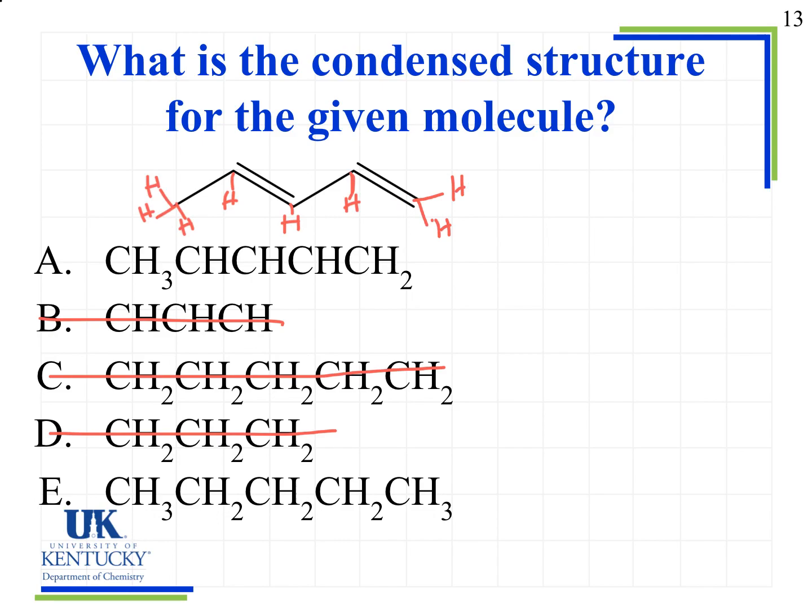My answer choice A does have 1 hydrogen attached. E has 2 hydrogens attached, so that makes this one wrong. We're going to go ahead and check the rest of A just to make sure it's correct. So we have CH, which matches, CH, CH here, which matches, and CH2. So this is the correct condensed structure for the molecule shown.